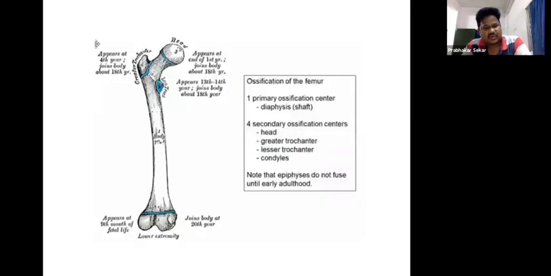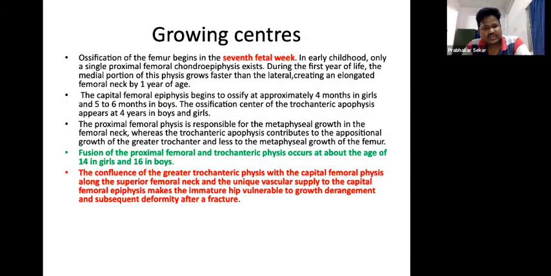Later on, the proximal femoral epiphysis is responsible for the metaphyseal growth in the femoral neck, whereas the trochanteric apophysis contributes to the greater trochanter by appositional growth, and less to the metaphyseal portion of the femoral neck.